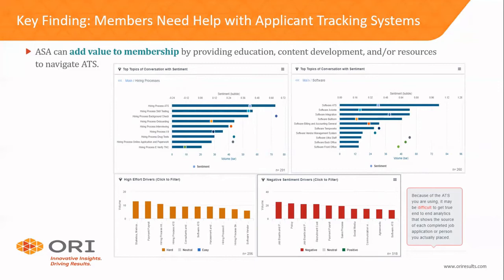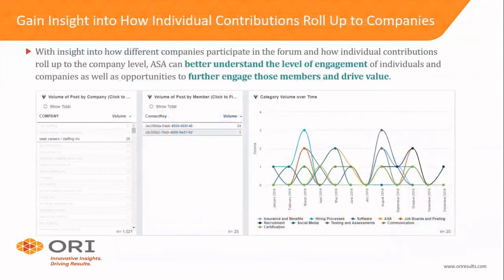Where are people expressing high levels of effort in their day-to-day life, negative sentiment, etc. The interesting thing about this work was that applicant tracking systems, which is what ATS stands for, were coming up across the board. It didn't matter whether it was a small, medium, or large company. There was just frustration and a need, frankly, for more education and more information about these applicant tracking systems. So, high value insight that ASA was able to grab onto and use.